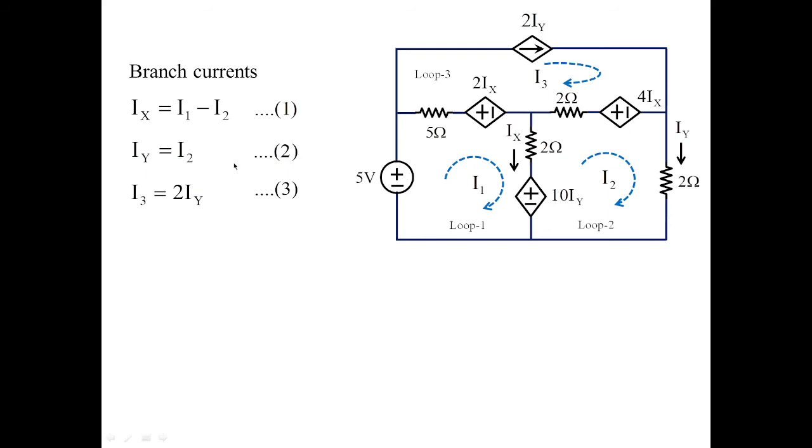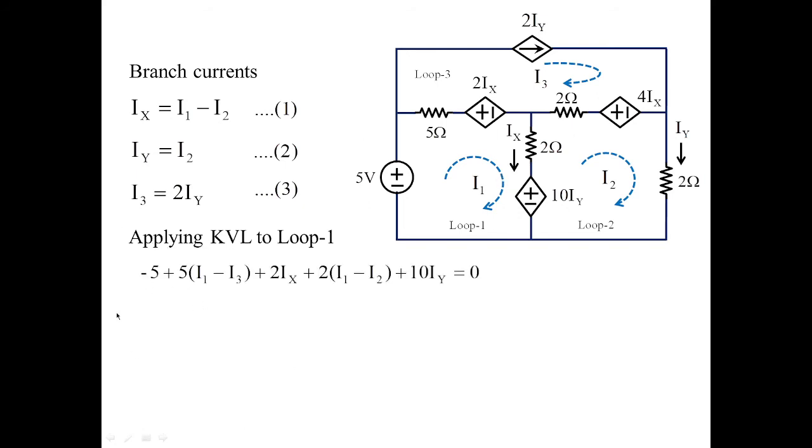Now, applying KVL to loop 1 will give you minus 5 volts plus 5(I1 minus I3) plus 2Ix, the given current dependent voltage source, plus 2(I1 minus I2) plus 10Iy equal to 0.